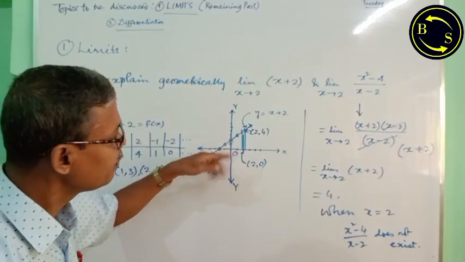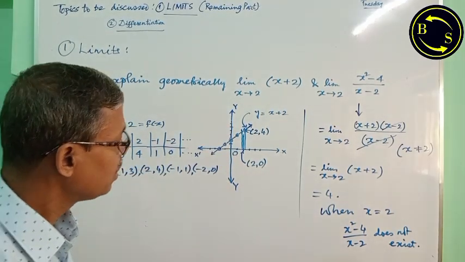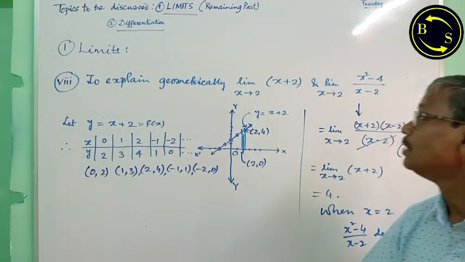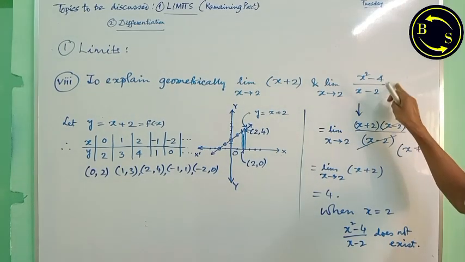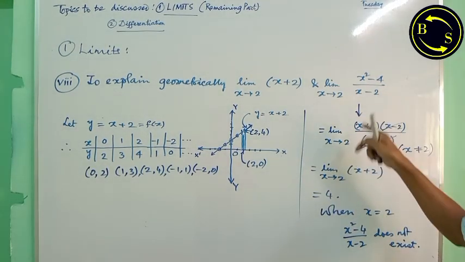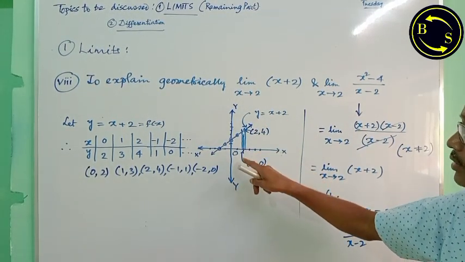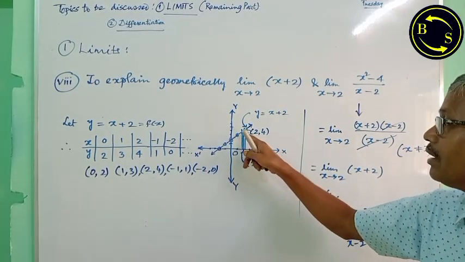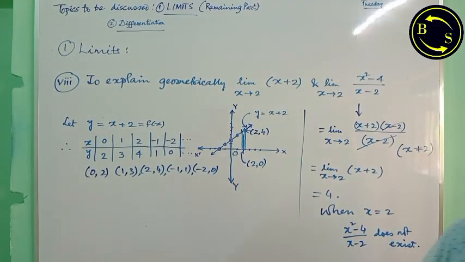And if we draw the graph, there will be a break or gap at x equal to 2. Hence, it is explained geometrically the limiting value of x plus 2 as well as (x square minus 4) divided by (x minus 2) when x tends to 2. But for x equal to 2, there will be a gap. If we draw the graph, in that case, the graph will be like this. There is a clear gap in the straight line. Hence, it is explained.